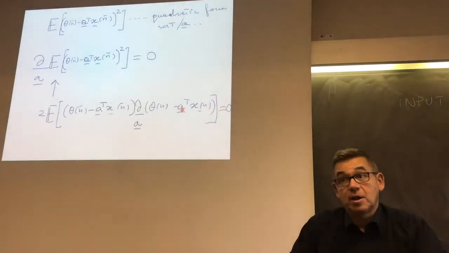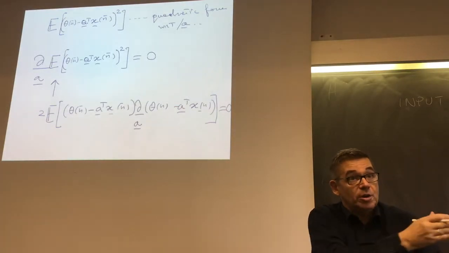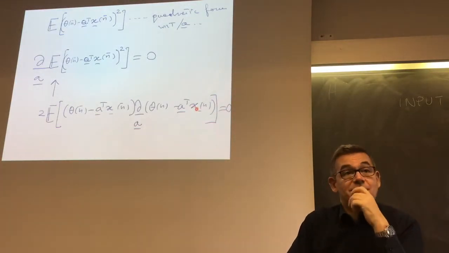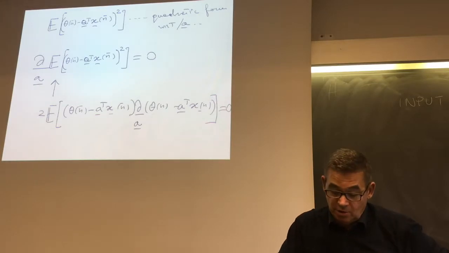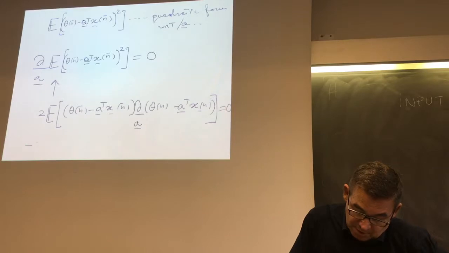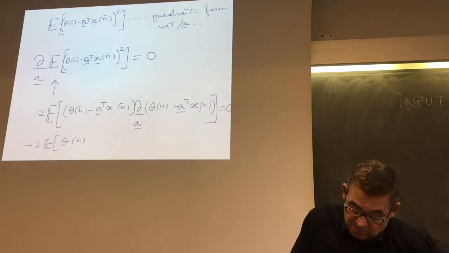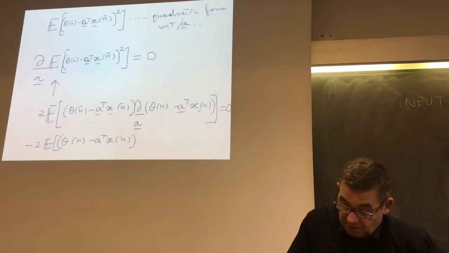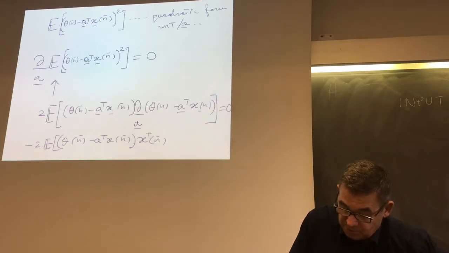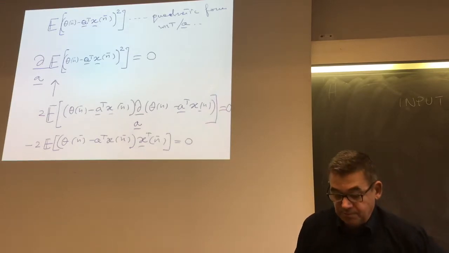But this one depends on A. If I look at my table at the beginning of the book, this part is equal to x transpose. So I just plug this in, and it comes out that it's minus 2 times the expectation of theta n minus A transpose x n, multiplied by x n naught transpose, equal to 0.